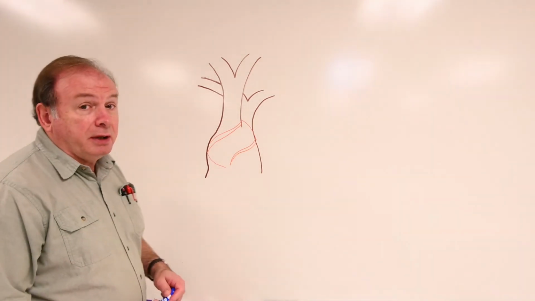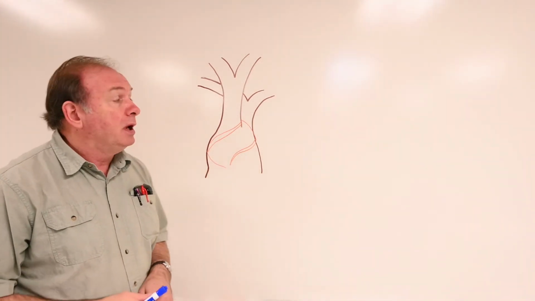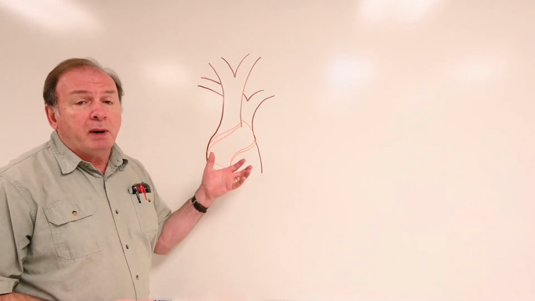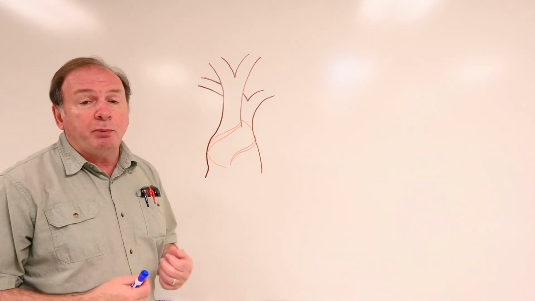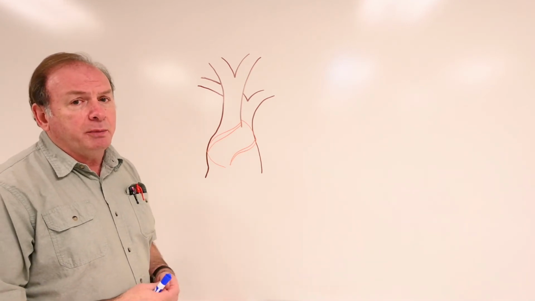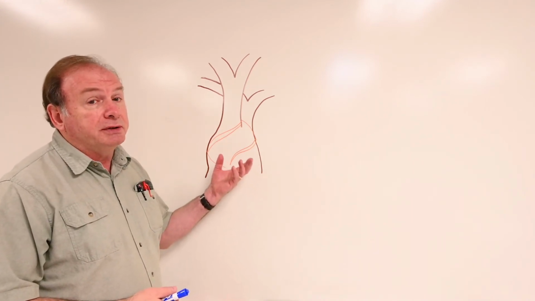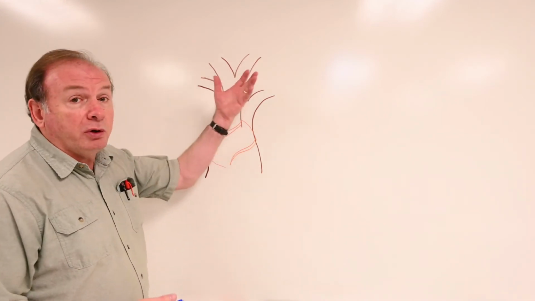Our next point to talk about is the spiral valve formation in the conus arteriosus. In the fish, there's no need for a spiral valve formation because we don't separate oxygenated blood on one side of the heart from deoxygenated blood on the other side. It's all deoxygenated blood as it comes through the heart in a fish, and it's going to the gills.